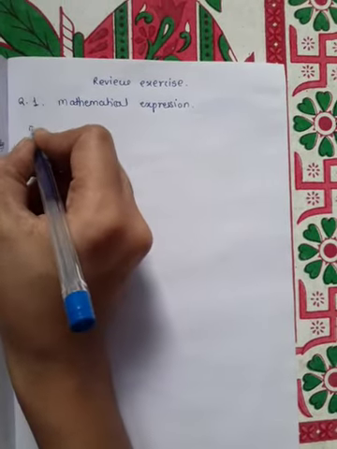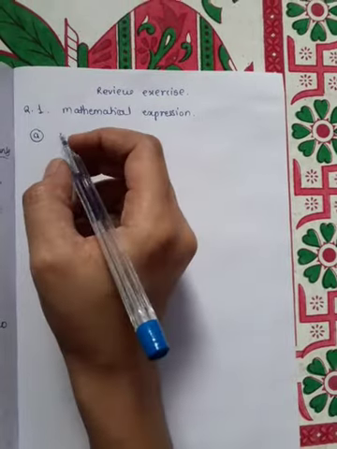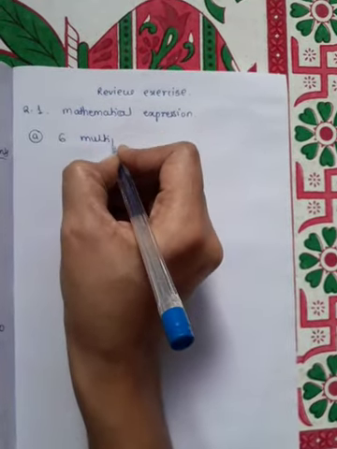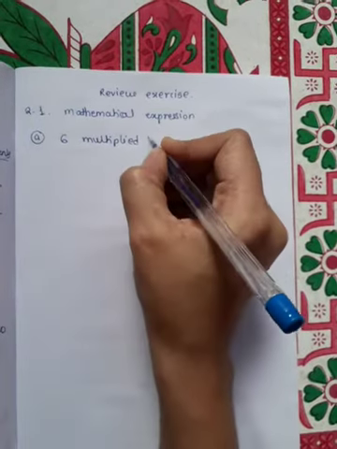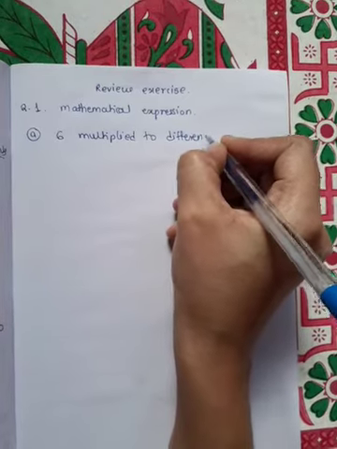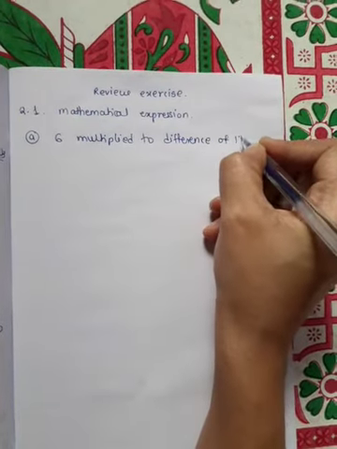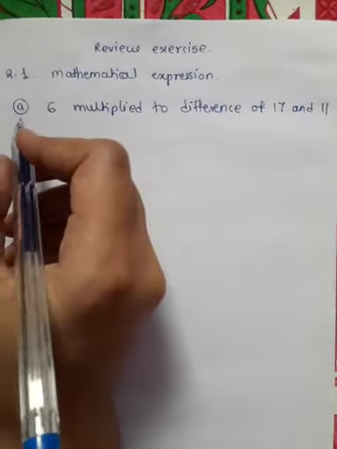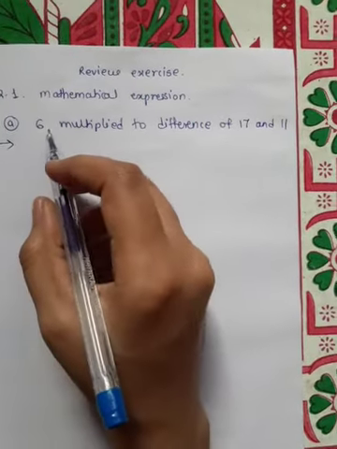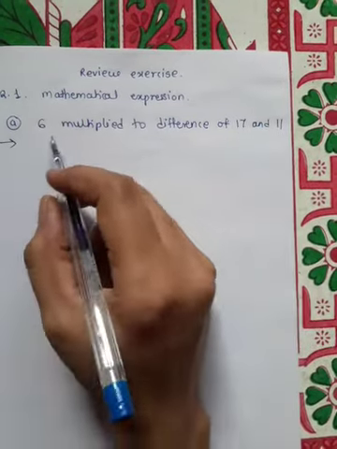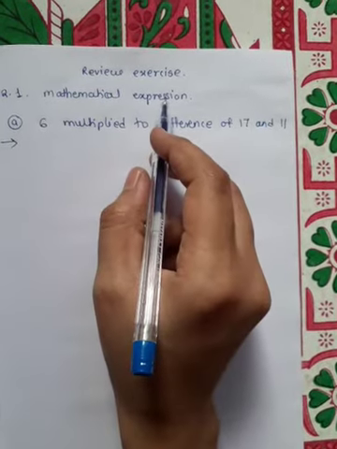Now there is sub-question A: 6 multiplied by 2, difference of 17 and 11. We have been given this statement and we have to write it in mathematical form.